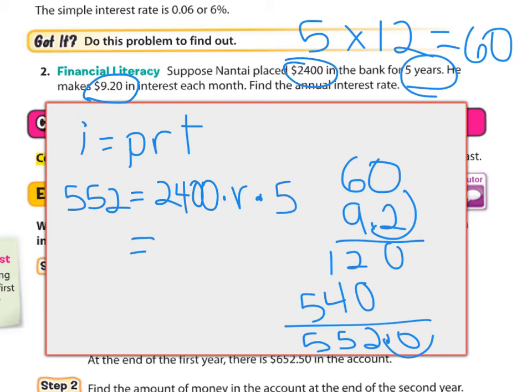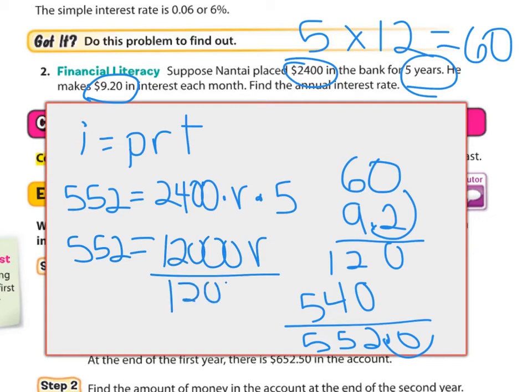Let's work with these two like terms first. 2,400 times 5 is 12,000. So it's 12,000 R. And on this side I have 552. So I'm going to divide both sides by 12,000 to isolate the R and find my percent.